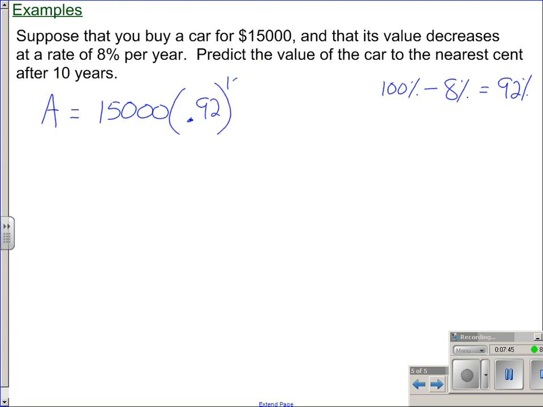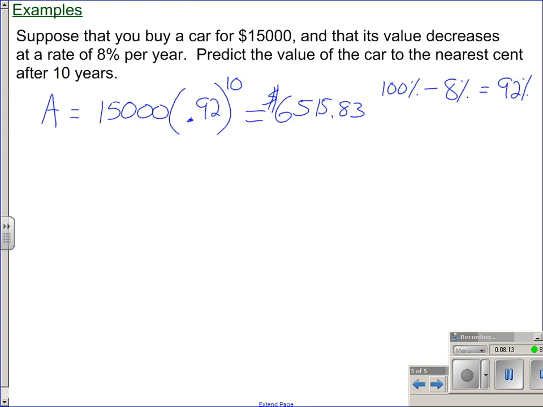Every year we multiply by 0.92. So for 10 years, we get out the calculator because I'm not good with my decimals raised to powers of 10. So 0.92 to the power of 10 multiplied by 15,000. And so that's 6,515. This is to the nearest cent, so 0.83.